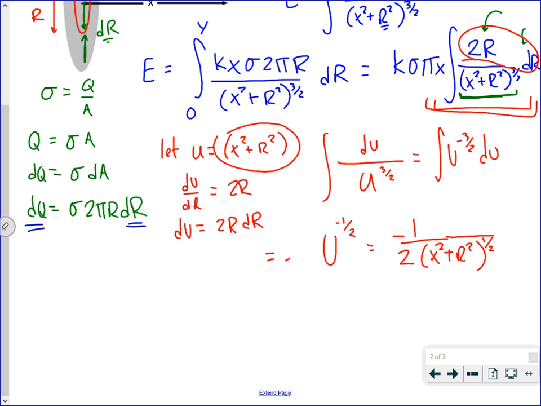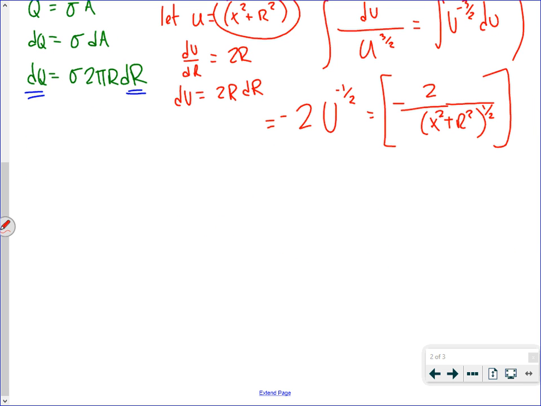Except this is supposed to be a plain old 2. I just integrated wrong.